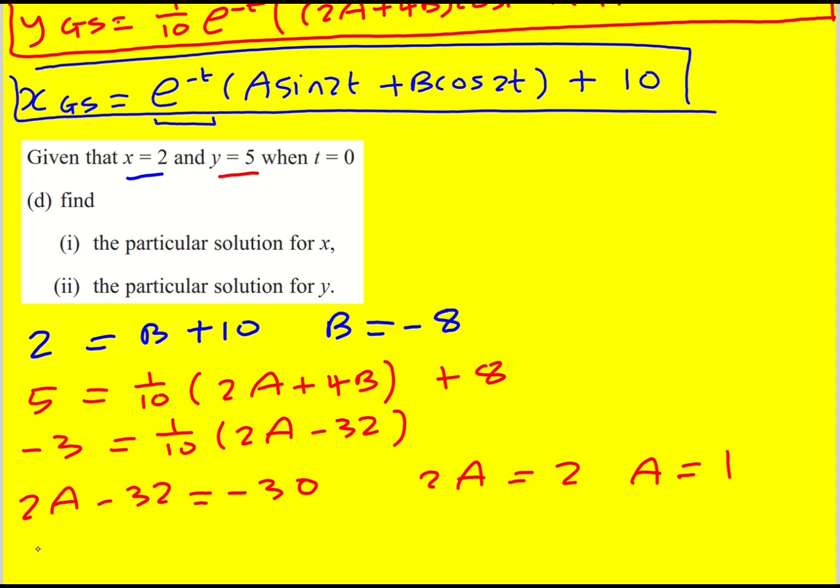And that means my x particular solution is going to equal e to the minus t, sine 2t minus 8 cos 2t, plus 10.